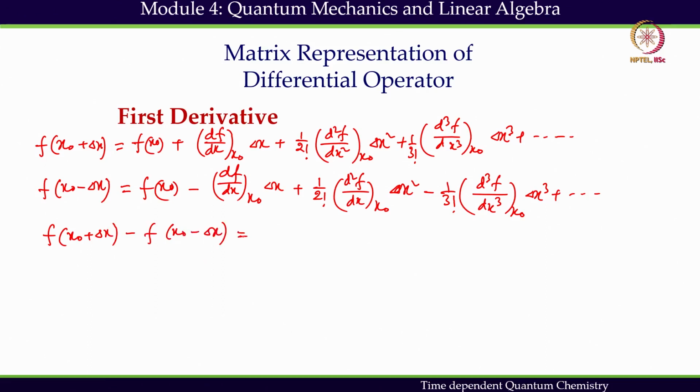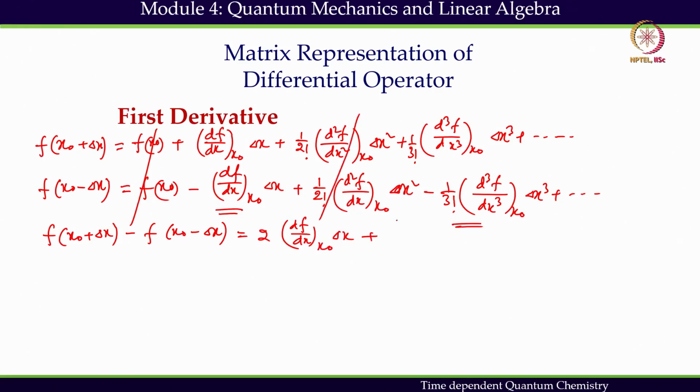When we subtract, this term will be gone and only this one remains. So I get twice the first derivative at x naught times delta x, plus this part will also be gone.